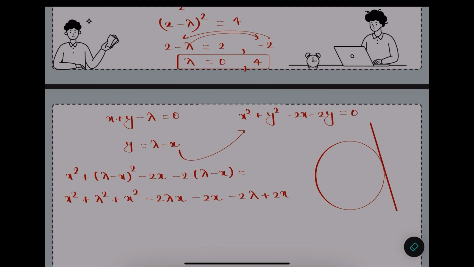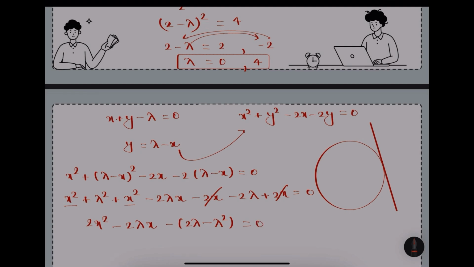Now simplify and create a quadratic in x. These two terms get clubbed and become 2x square, then minus 2 lambda x, minus 2 lambda, minus lambda square equals 0. So you got a quadratic in x.